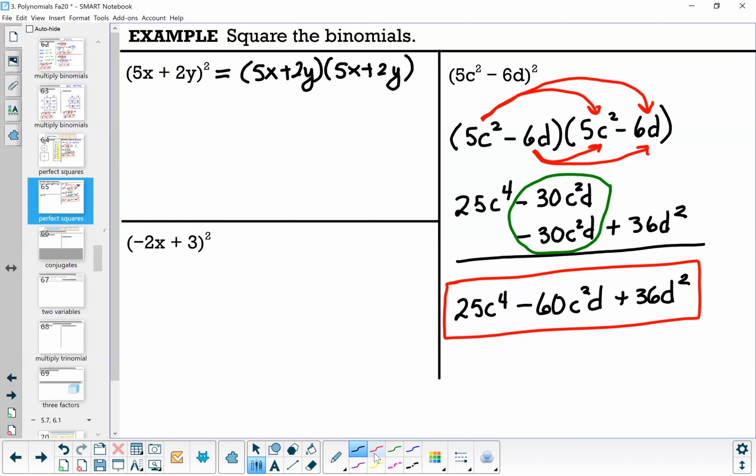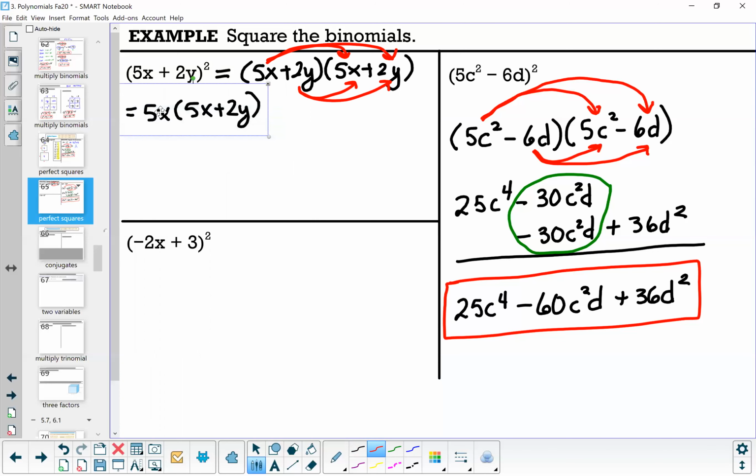So with that said, why don't I show the distributive method just so we could see it again. So you're multiplying the 5x to the 5x and 2y in a second set of parentheses. So essentially you're saying this is equal to 5x times the 5x plus 2y. And then the second group, plus 2y distributing to the 5x and the 2y.